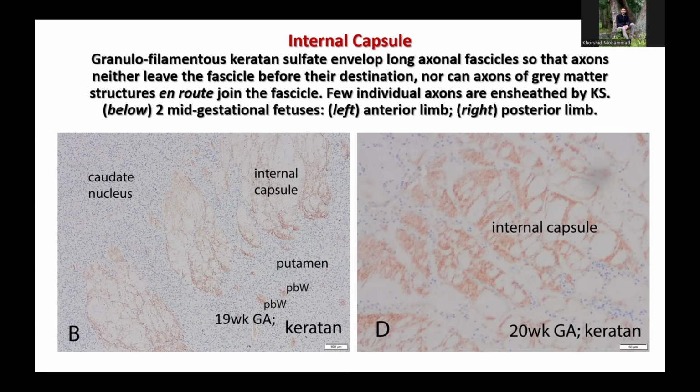template of axonal fascicles. Here you see the internal capsule. On the left is the anterior limb, and the right is the posterior limb of mid-gestational neonates. And you can see that the internal capsule is formed, the form is outlined by the keratan sulfate deposits. This is a template. It's a chemical template.